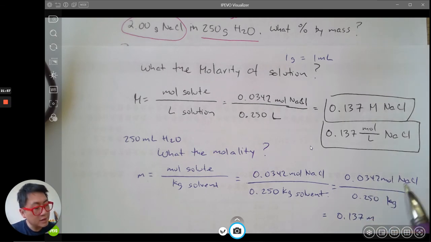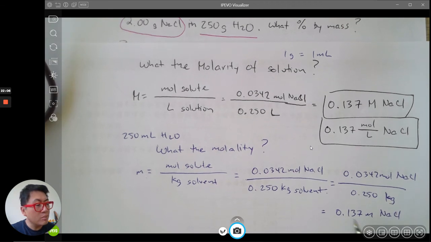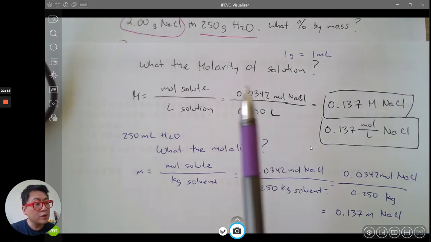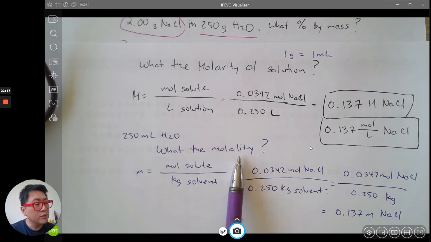Capital M is molarity. So 0.137 lowercase m, and we call this thing molos. 0.137 molos of sodium chloride, 0.137 molars. Molars for molarity, molos for molality.